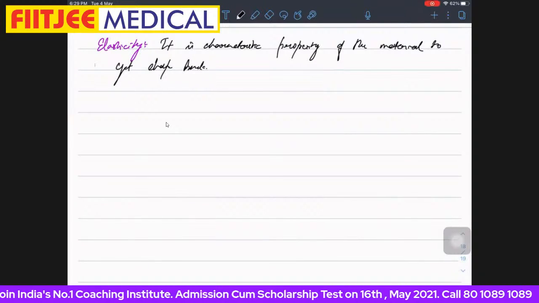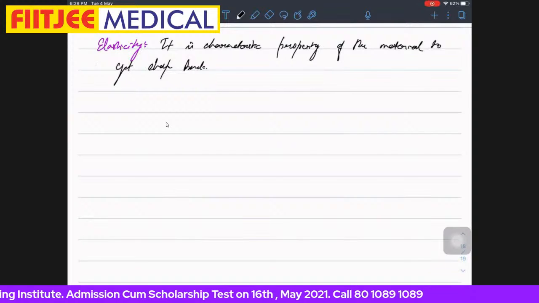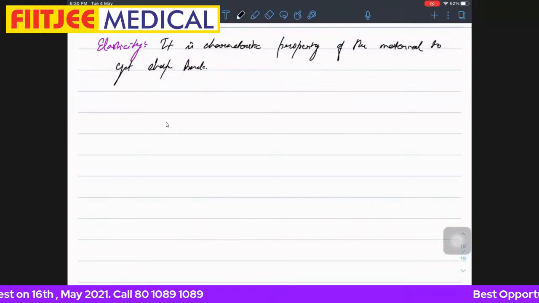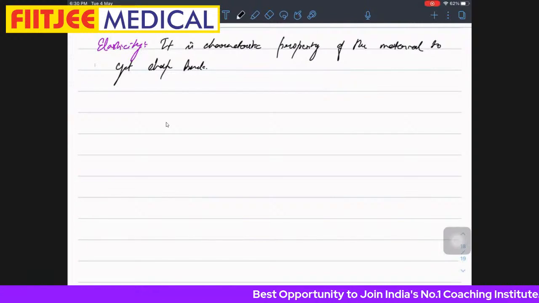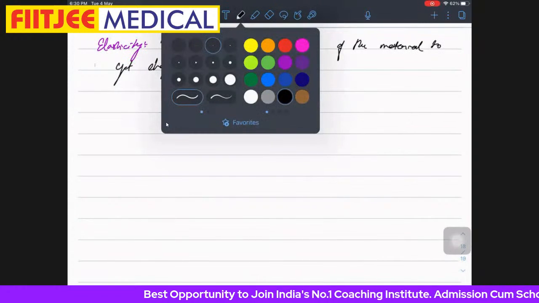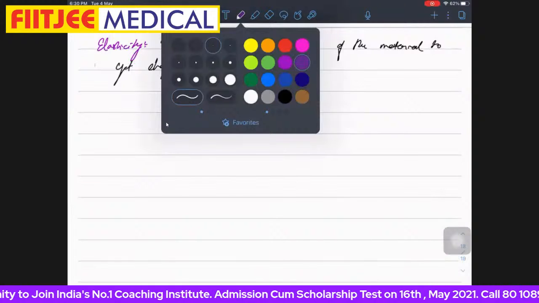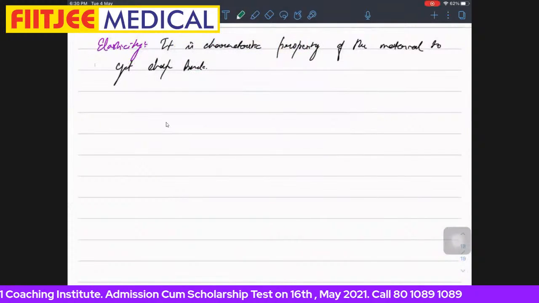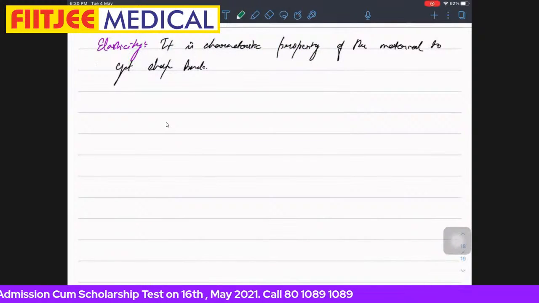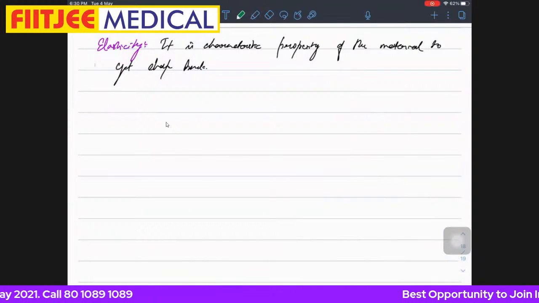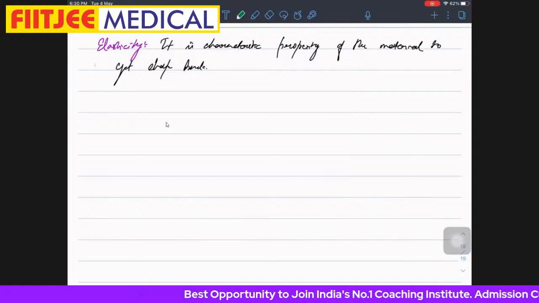Hence, if you apply some external force, the body will be deformed, and once you remove this external force, the body will try to regain its shape. This characteristic property of the material is called elasticity. If a body completely recovers its shape, then it is called a perfectly elastic material. If a body is not able to recover its shape at all, then it is called a purely plastic material. Neither purely elastic material exists, nor pure plastic material exists. Whatever material is there, they are in between these two ideal characteristics.